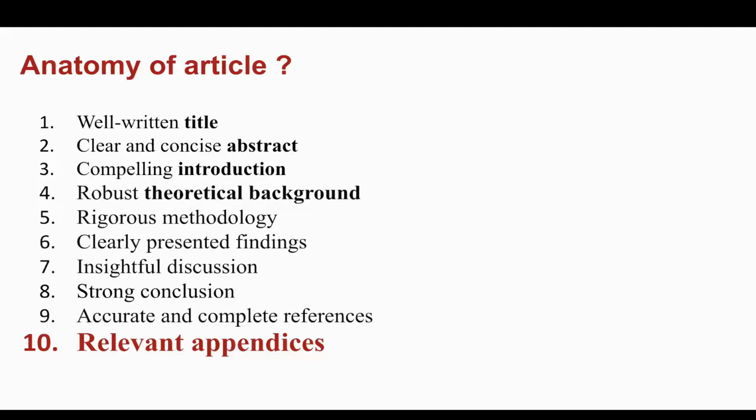So it is very important to include appendices if there is any relevant file you have prepared, any relevant table structure you have prepared as a background of your research, then you should include them and attach them as appendices or web appendices.